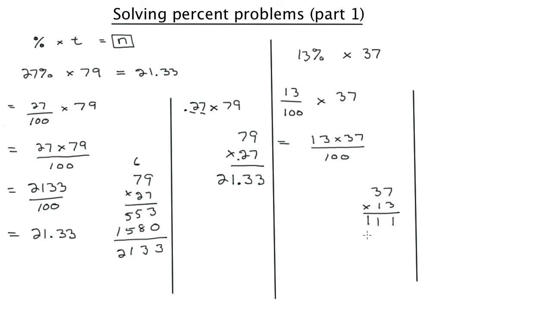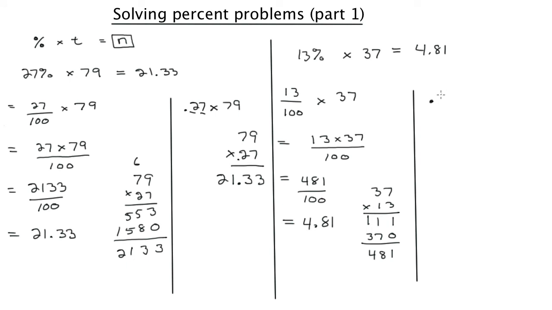And 10 times 37 is 370. Gives me 481. I get 481 over 100. Dividing by 100 moves the decimal over to the left twice. 4.81. 13% of 37 is 4.81.